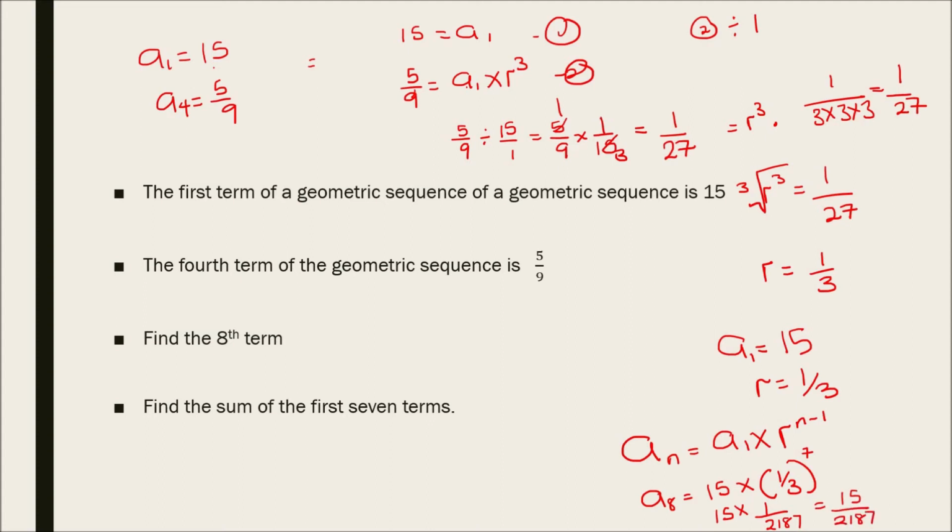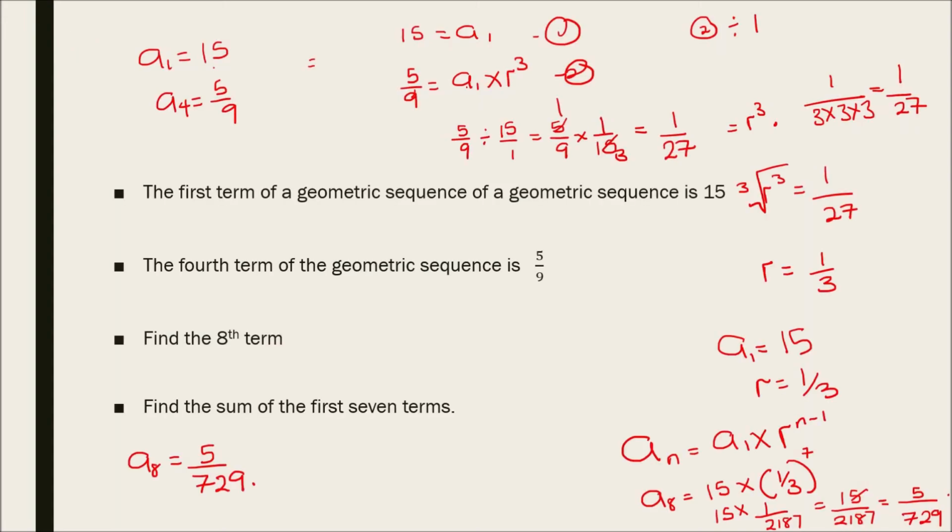Can we still divide further? Yes, actually 3 can go. So we have 5 here, and 729 here. So our 8th term will be 5 over 729.